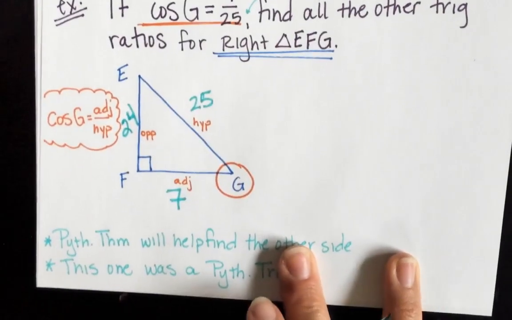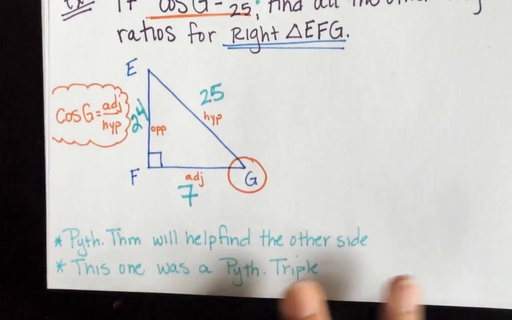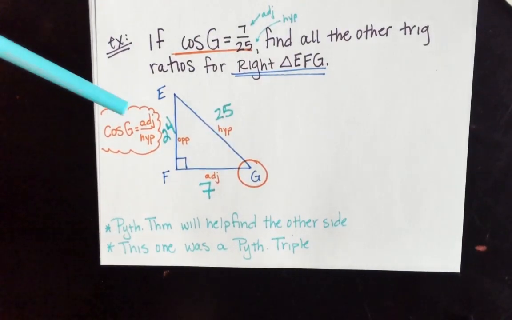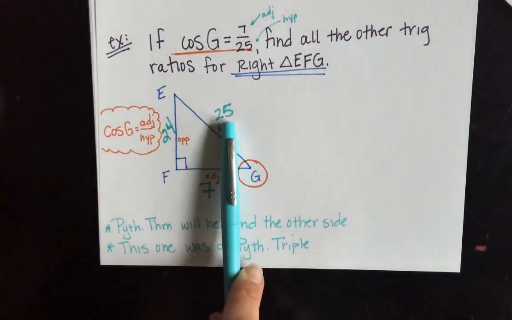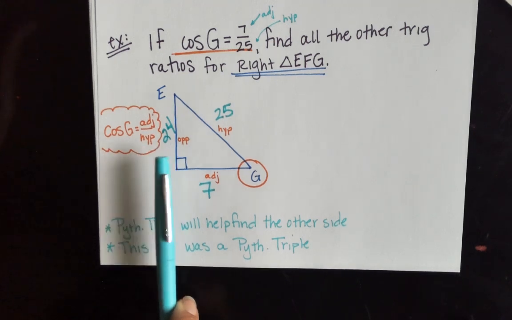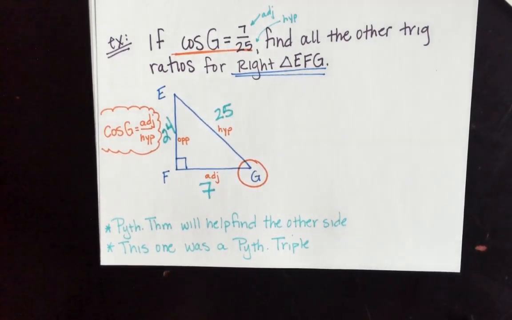So it pays off to have those memorized because you don't have to waste any time looking for the missing side. So now that we know our definition is adjacent over hypotenuse, we've labeled adjacent and hypotenuse, and we used the Pythagorean theorem or knew it was a triple to get that last one, the only thing left is to find all the other trig ratios.